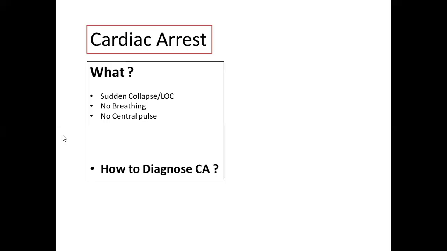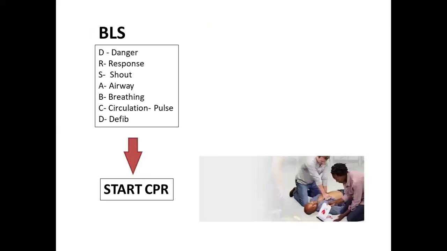So how do you diagnose cardiac arrest? There is a system to diagnose cardiac arrest. That is basic life support. So what do you mean by basic life support? With this system, you diagnose whether the patient has a central pulse, an open airway, and is breathing also.